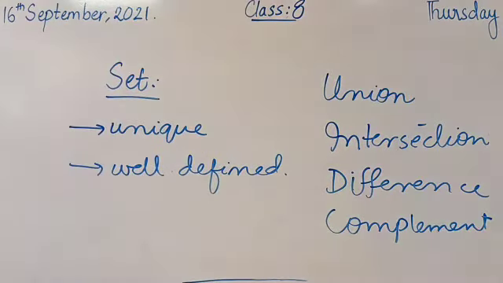These were the four operations which we discussed while discussing sets. Then we learned about some properties like the commutative property, associative property, and distributive property. And then in the last we discussed De Morgan's law.